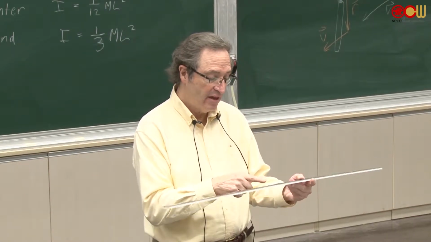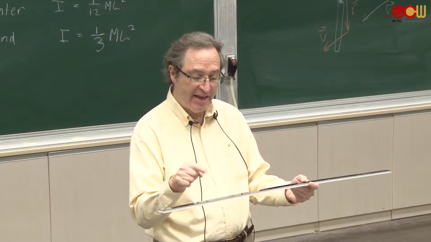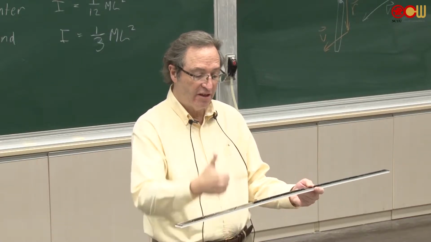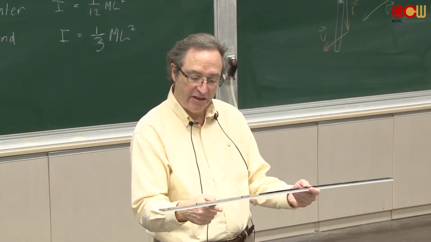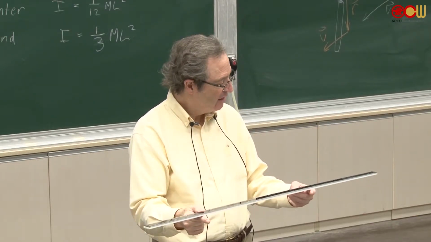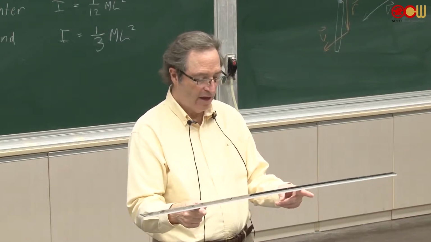So I can look at the torque about the middle, and so I'd say the normal force this way times the moment arm. So let's say this is at 80, and I'm going to put this at 40. Okay?